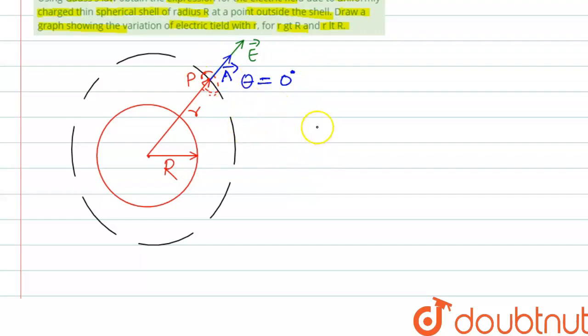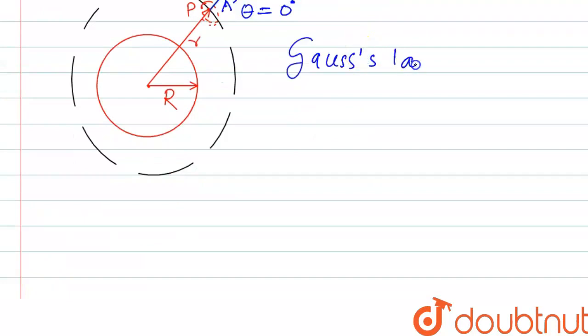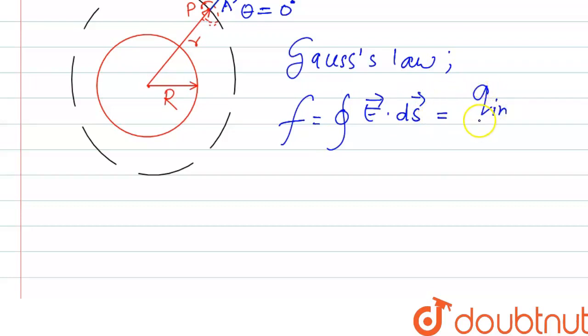So if we apply Gauss law, we can write the flux equal to the surface integration of E dot dS, and this is equal to q enclosed divided by epsilon naught.